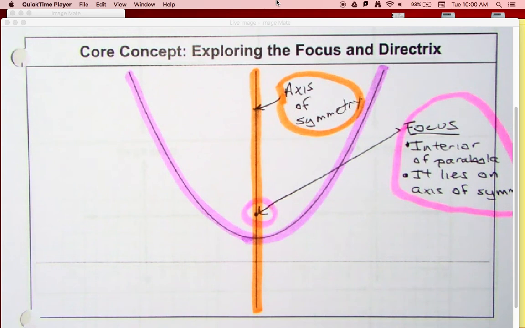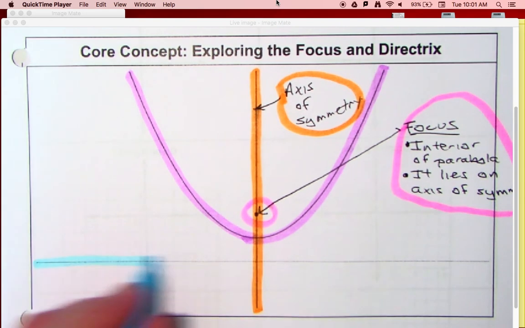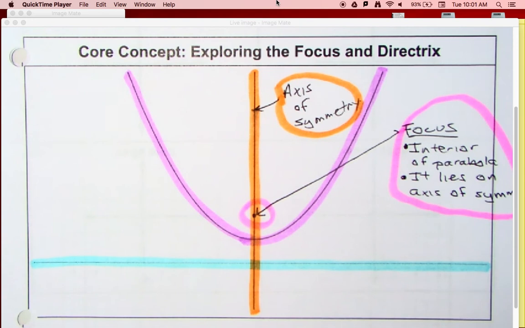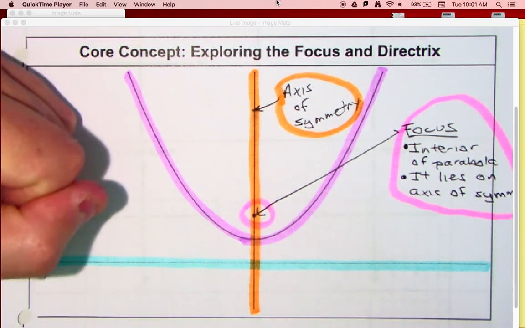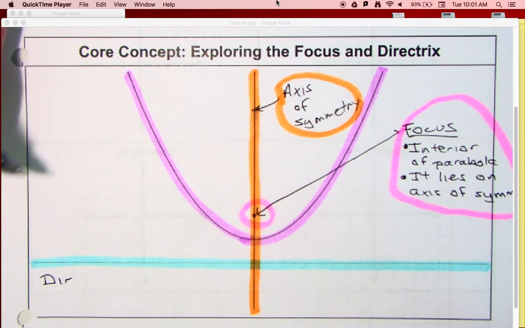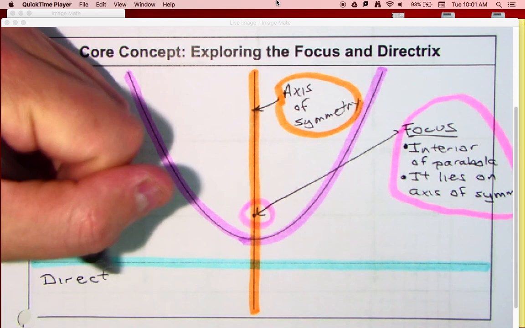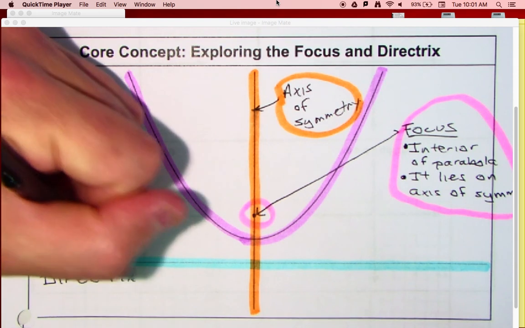There's another line on this graph on the other side, and that line right here we call the directrix. Let me spell that: D-I-R-E-C-T-R-I-X.